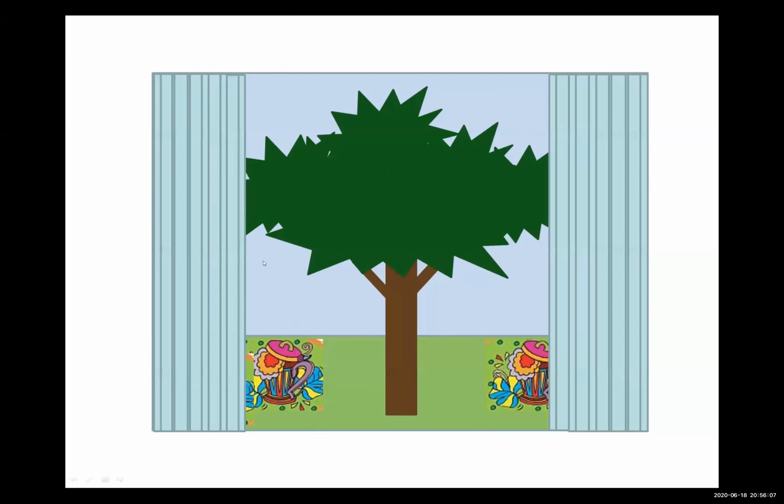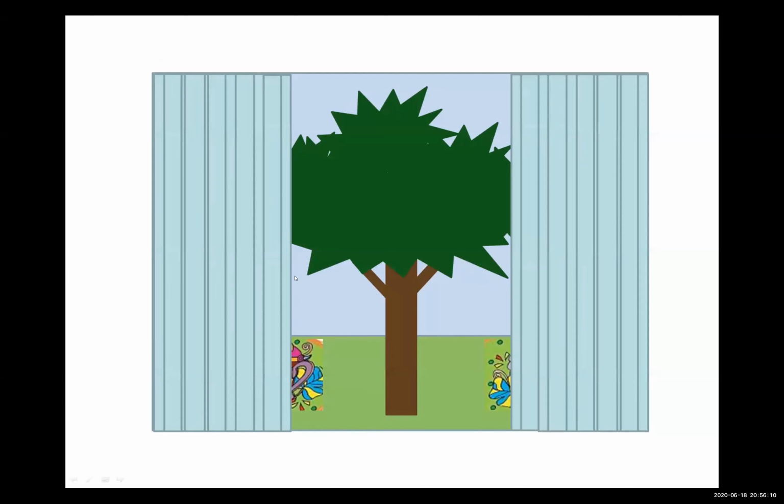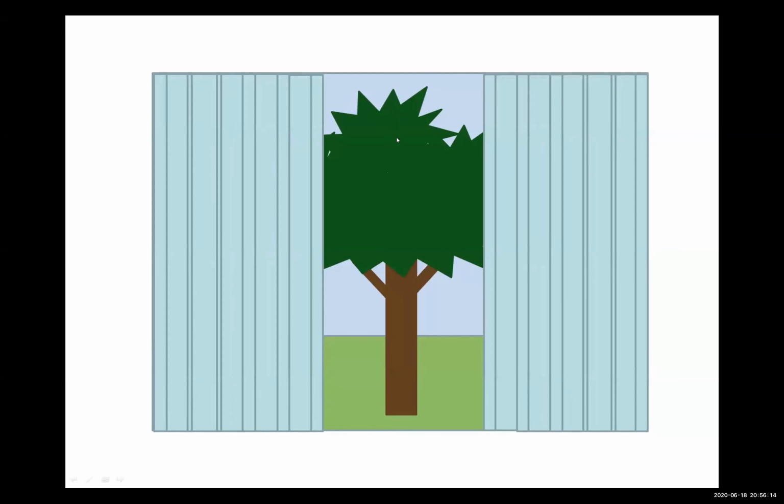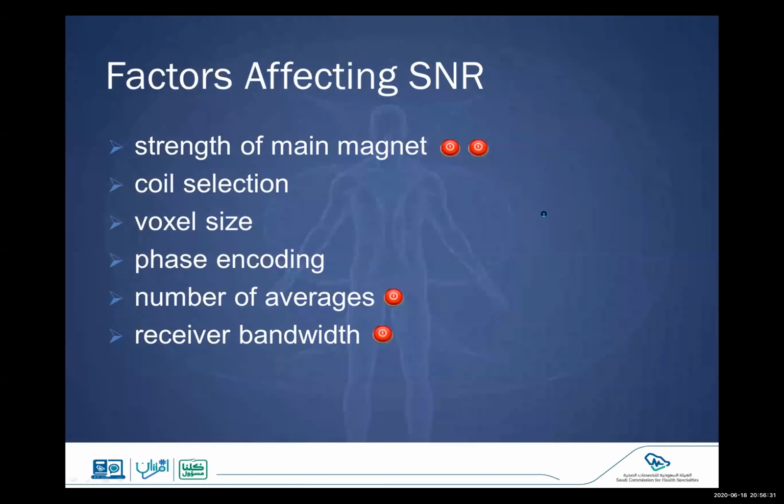But be careful, because you also cut part of the branches of the tree that you want to see. For example, this is very nice, no rubbish showing in your view from your room. But unfortunately, your image is not complete because you cut part of the branches, and that will affect the complete picture of your image.